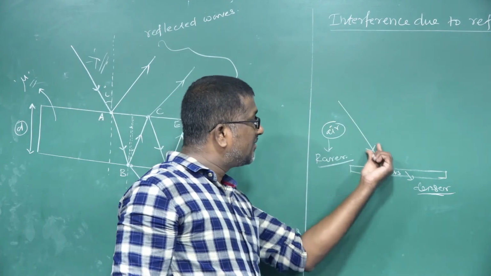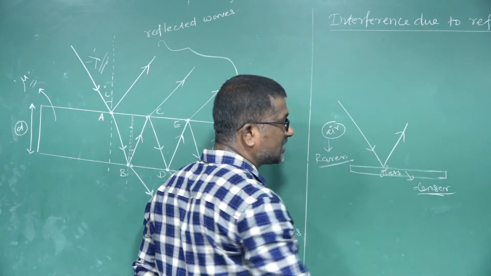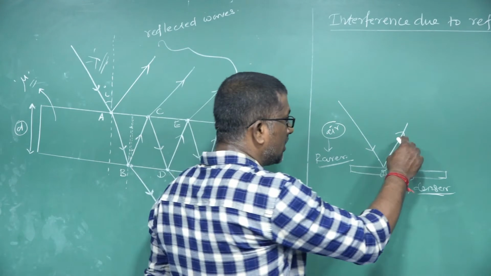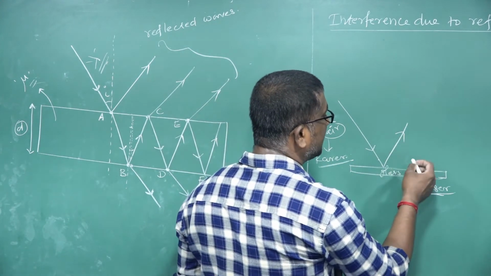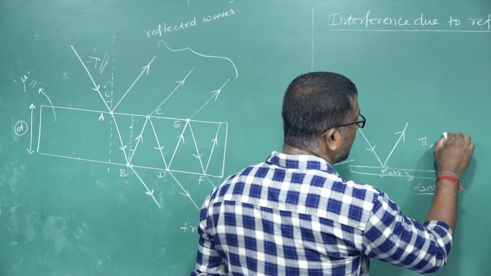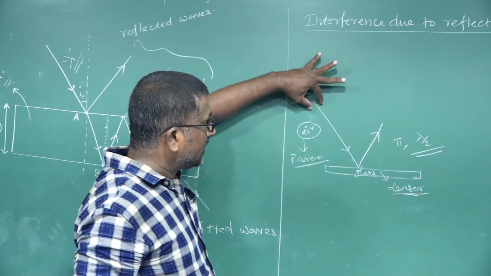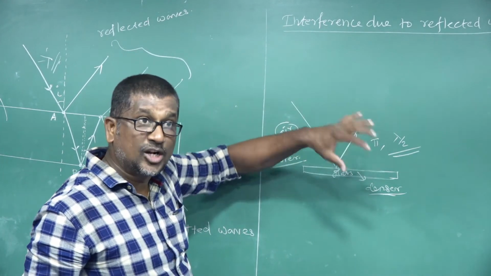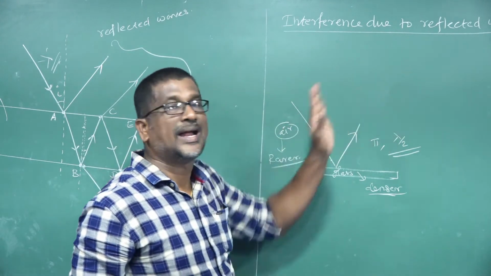If any wave travels in the rarer medium and gets reflected from the surface of the denser medium, there is an additional phase change of pi and path change of lambda divided by 2.